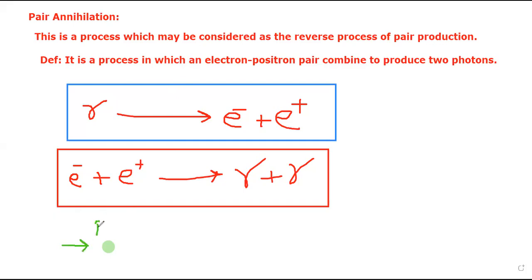This is the positron. And there is an electron as well, coming from the right side. This is the electron. The previous was the positron.